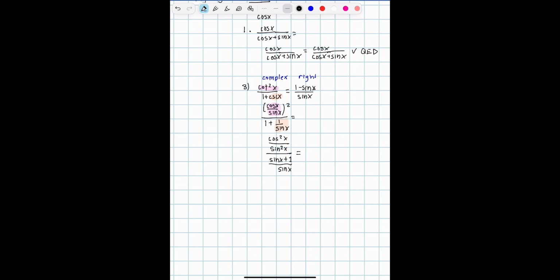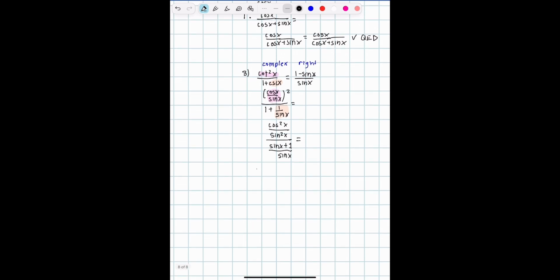Now we're going to divide the fraction, and dividing a fraction is basically the same thing as multiplying the numerator by the reciprocal. So you're going to have cosine squared of x divided by sine squared of x times sine of x divided by sine of x plus 1.